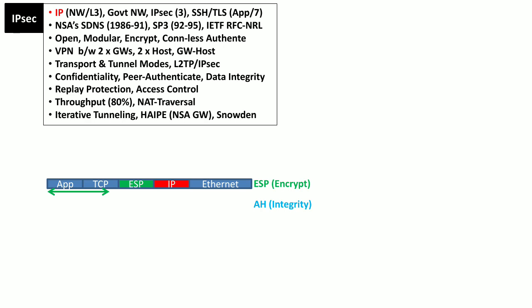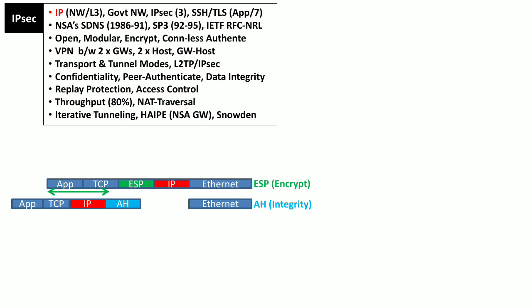Now AH or Authentication Header provides connectionless data integrity, and this is the application data, and this is the TCP header which operates at layer 4, and this is the IP header which operates at layer 3, and this is the Ethernet header which operates at layer 2. Now the AH header is added after the IP header and before the Ethernet header.